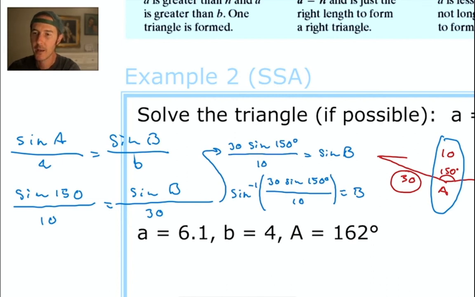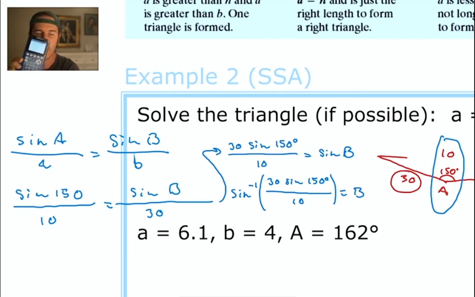And I get error domain, which means that I've just tried to take the inverse sine of something that's not in the domain of the inverse sine function. I wonder what it was. I selected go to as the option on that error message.